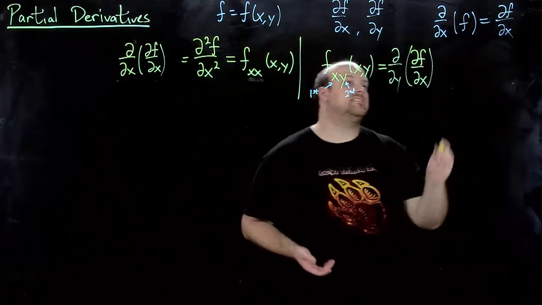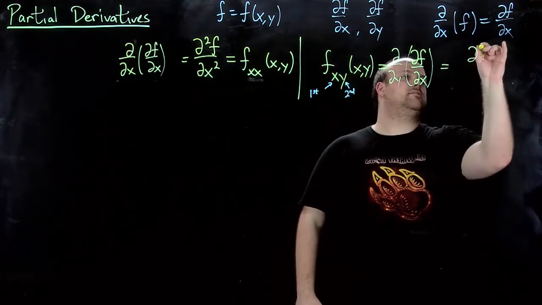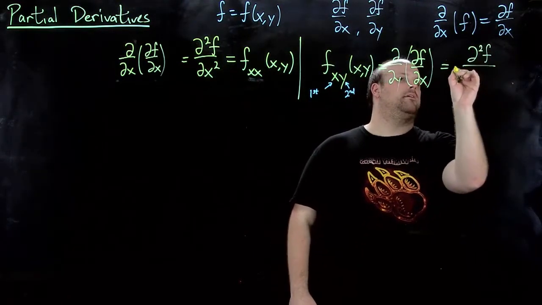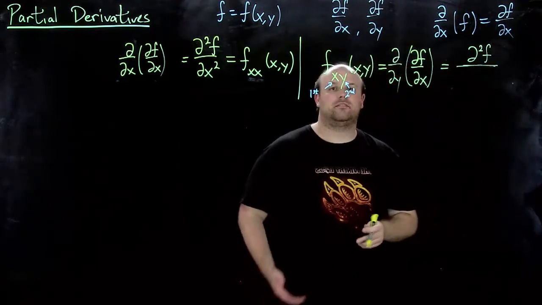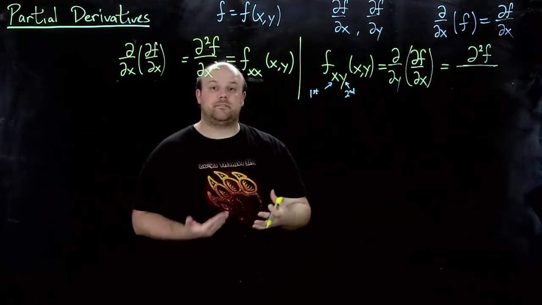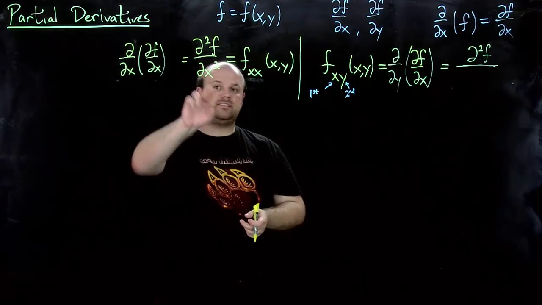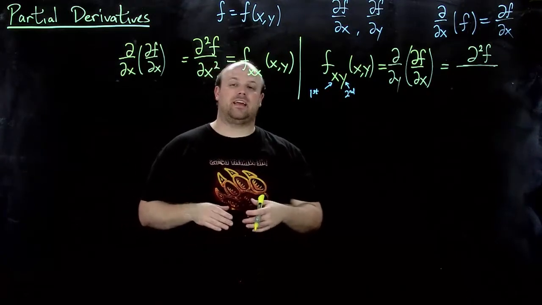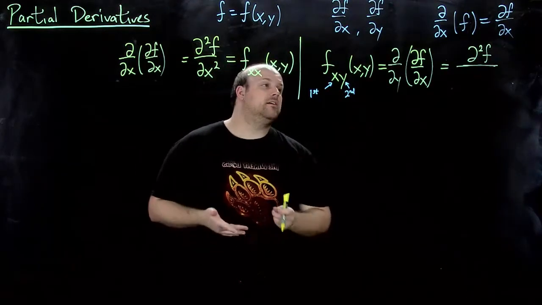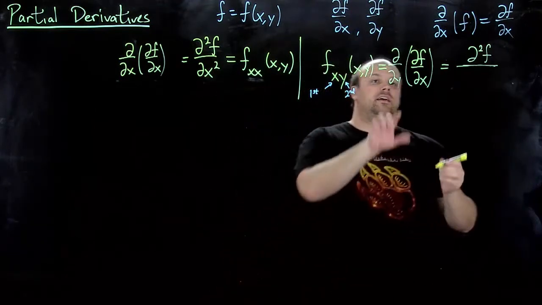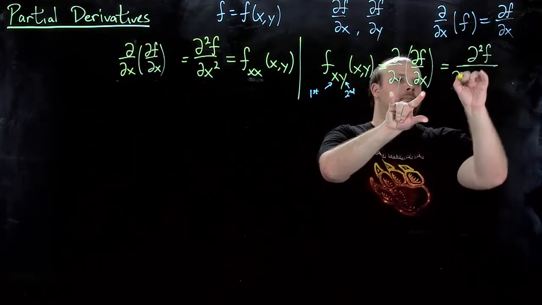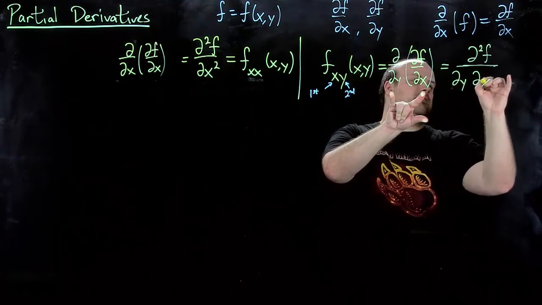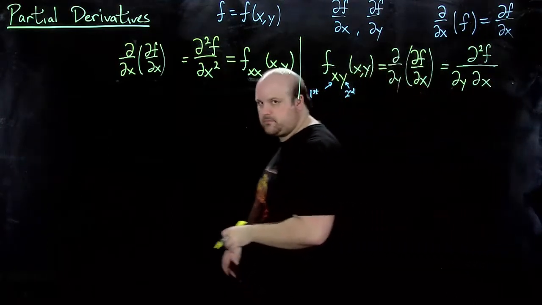So when I write this down, I still get d squared f on the top, but the bottom, dy and dx are different, so we can't just do this sort of dx squared, or we can't write like dxy. What we have to write, we have to keep the order here, dy dx. Okay?